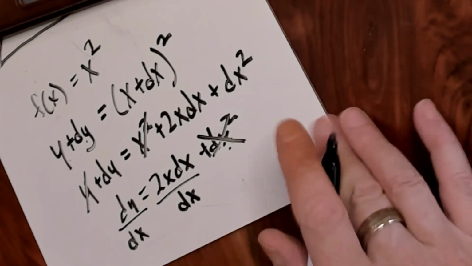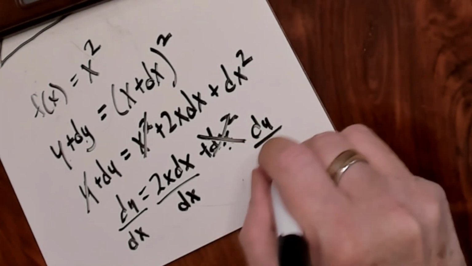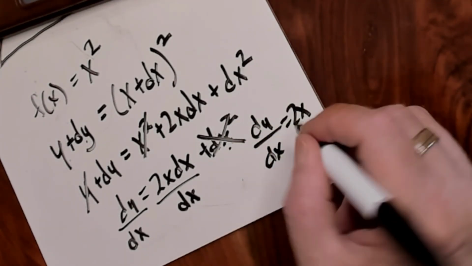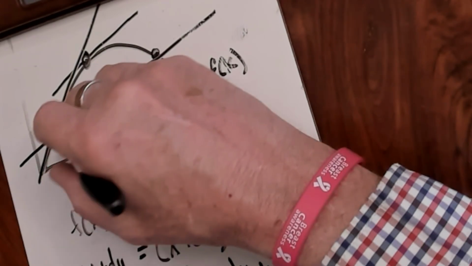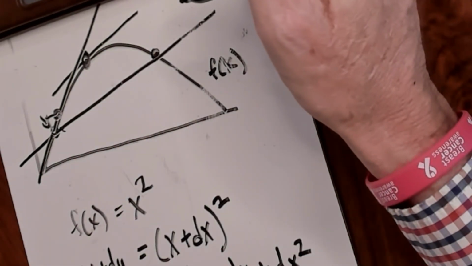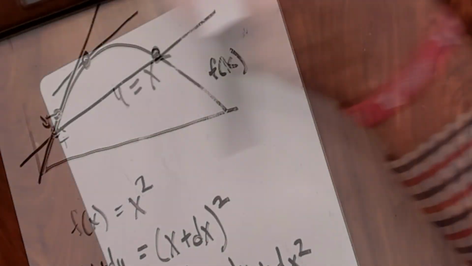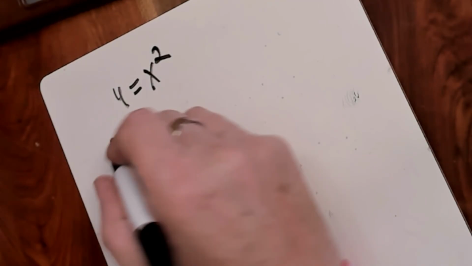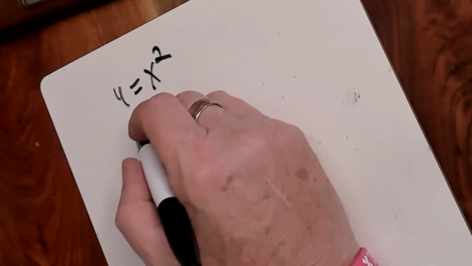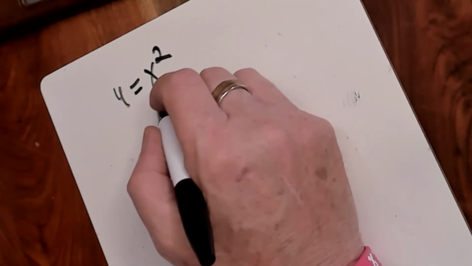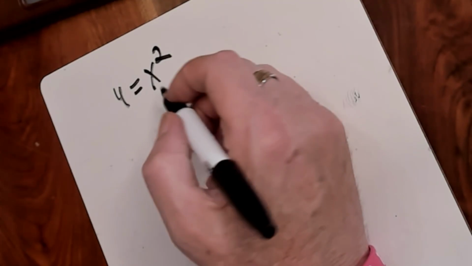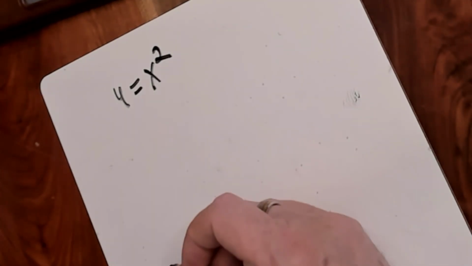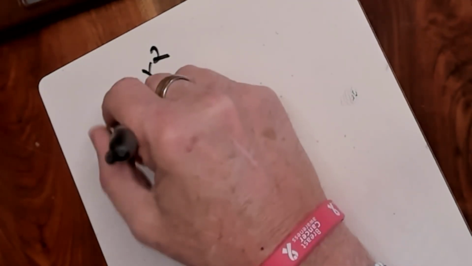So what do we get? dy over dx equals 2x. And that is equal to the slope at point x, right here. So what do we know from this? Well, the slope at any point x for this function x squared is going to equal 2x.